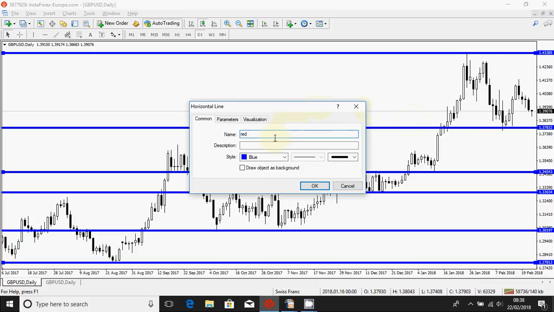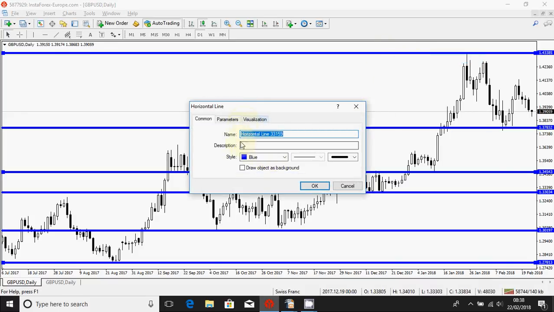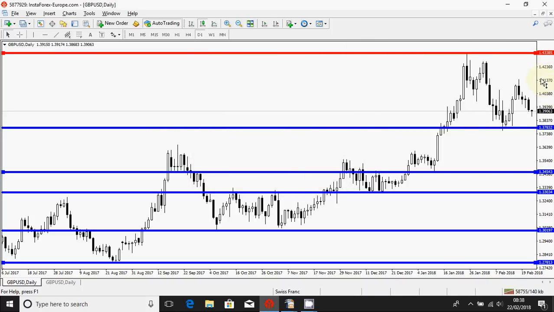Sorry about that. Okay, so resistance is the area where price finds it hard to break through or break above until it fails.